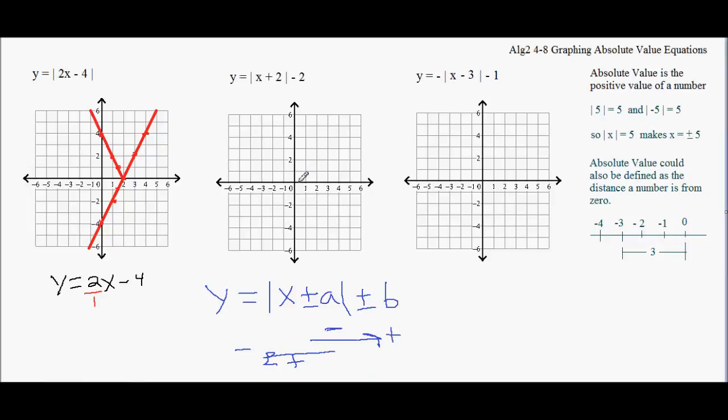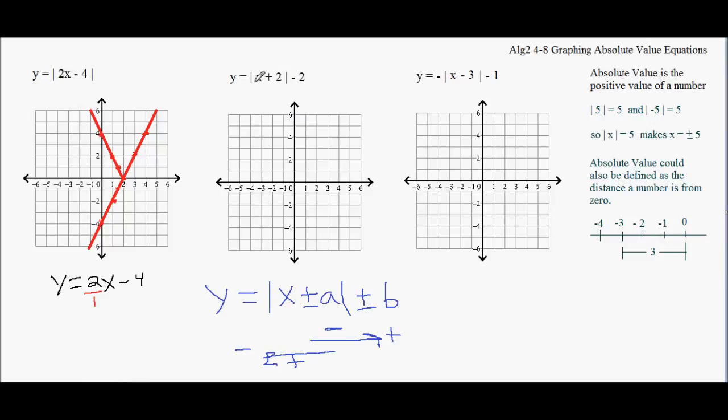Because the minute you put in a plus sign, it's going to go more this way to offset to get a 0 for y. Because then I have to have negative 2 plus 2 to get a 0, right? And then it takes whatever this answer is and shifts it down.